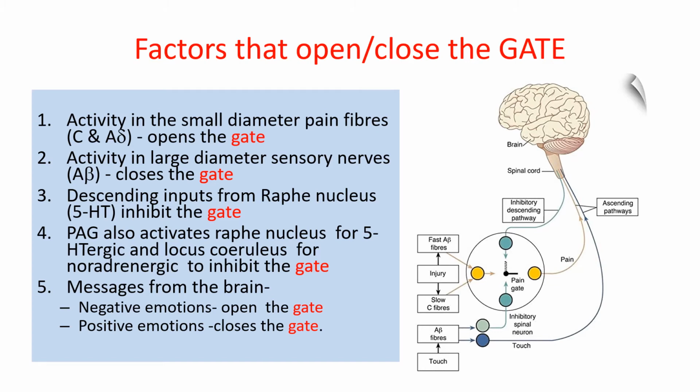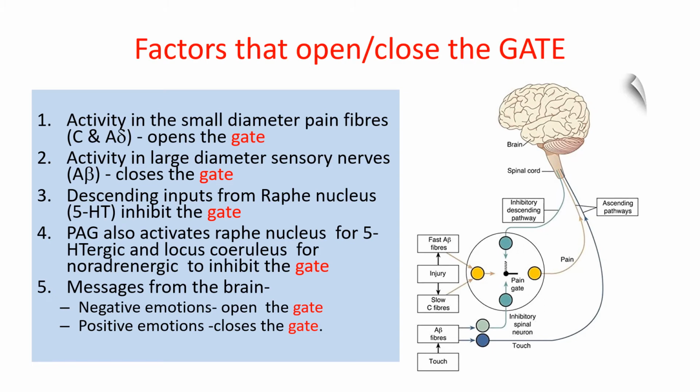Besides the medulla and midbrain descending influences, there are other influences coming from the limbic cortex or the prefrontal cortex, wherein our positive and negative emotions determine whether to open the gate or to close the gate. Say for example, a player in a tournament may get hurt, but he will not feel the pain while he is playing.